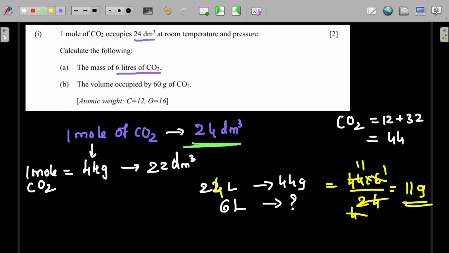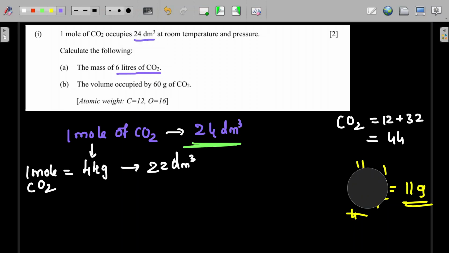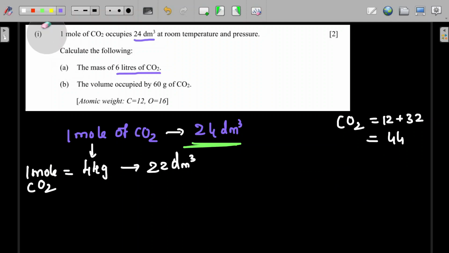So the second part, B. Now you know 1 mole is 44 gram. What is the volume of 44 gram here? They have given 22.4?